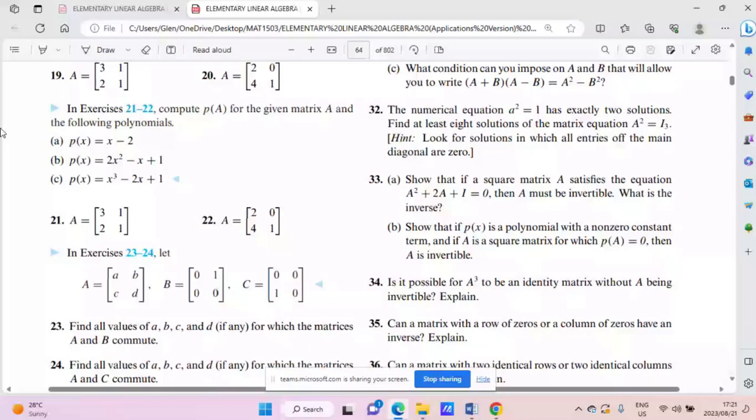So what we do, we have our equation as P of X equal to X minus 2, right? Because we want to subtract the 2, but the 2 is a constant and X is a matrix, so we can't subtract it directly. So we introduce our identity matrix, 1 0 0 1, and multiply it by the coefficient, which is 2.